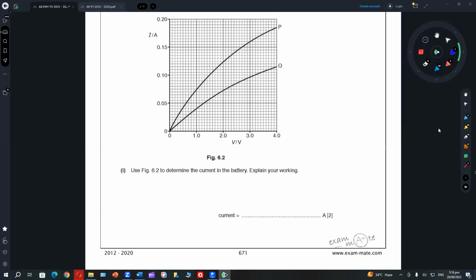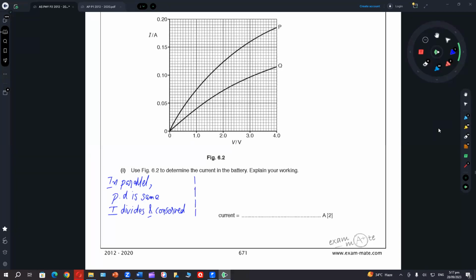So you have to tell the examiner that in parallel, PD is the same. Current divides and is conserved.